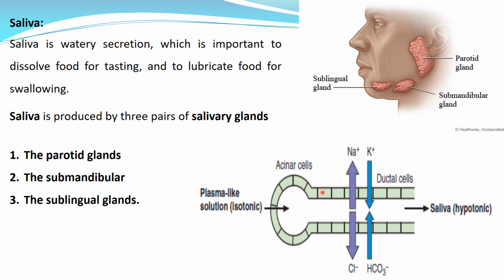And then when the saliva is passing through the ductal cells, the sodium and chloride can be absorbed into the circulatory system, while potassium and bicarbonate can be excreted into the saliva. So, at the end of the day, the saliva becomes a hypertonic solution.